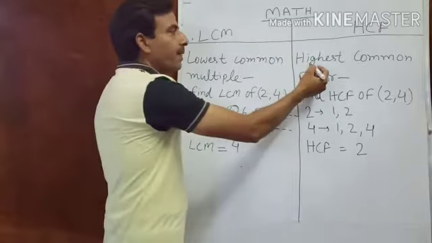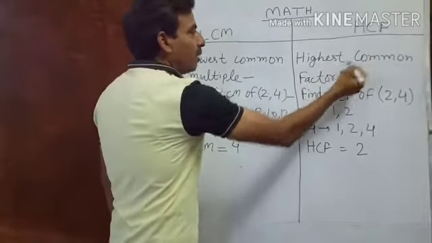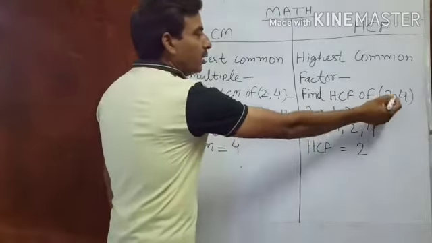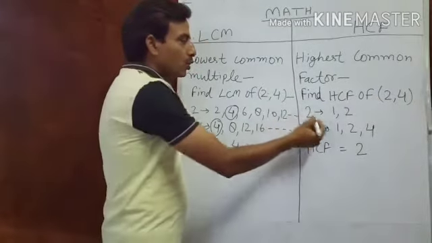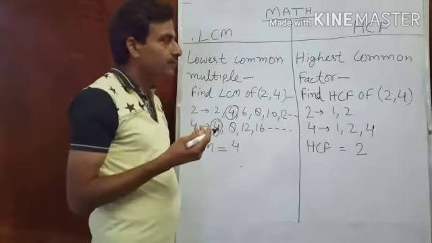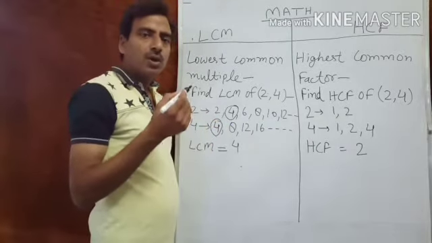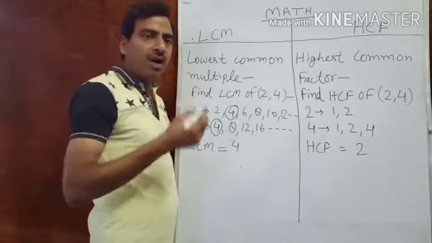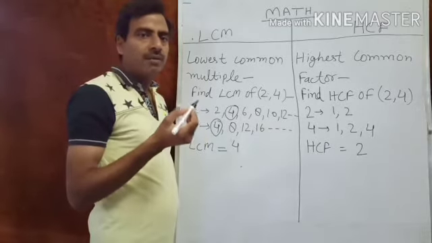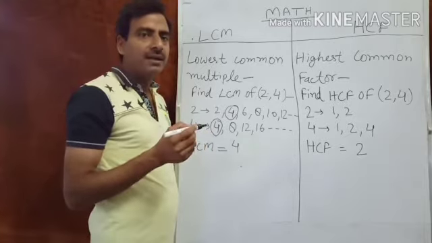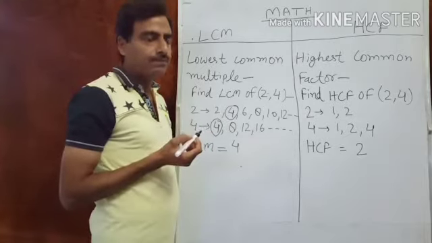Like this type, SCF, highest common factor. Find SCF of 2 and 4. Factors of 2 are 1 and 2. Factor means a factor of a number will divide that number completely without any remainder.